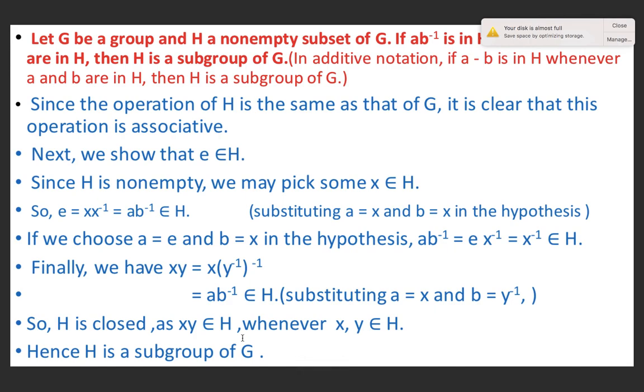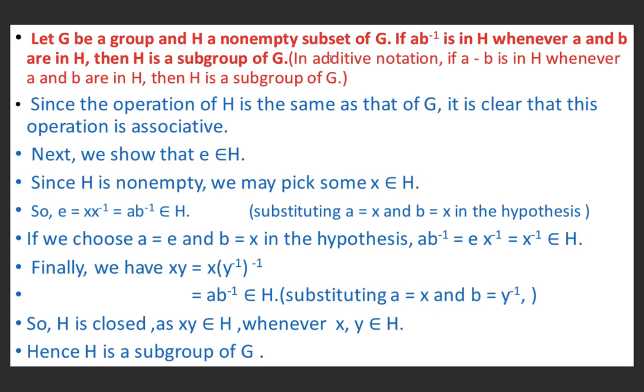So first is, let G be a group and H a non-empty subset of G. If ab inverse is in H whenever a and b are in H, then H is a subgroup of G. And we use this result for the majority of problems arising in group theory.